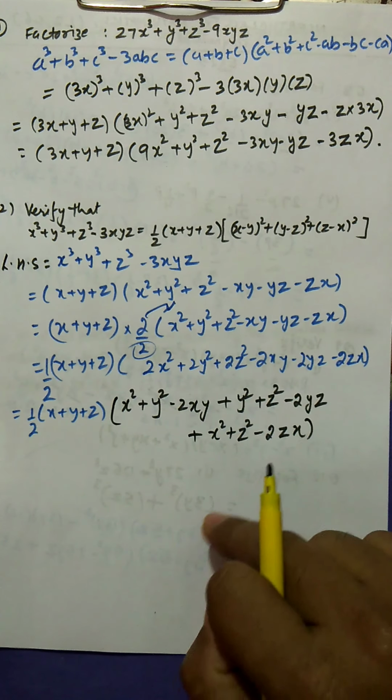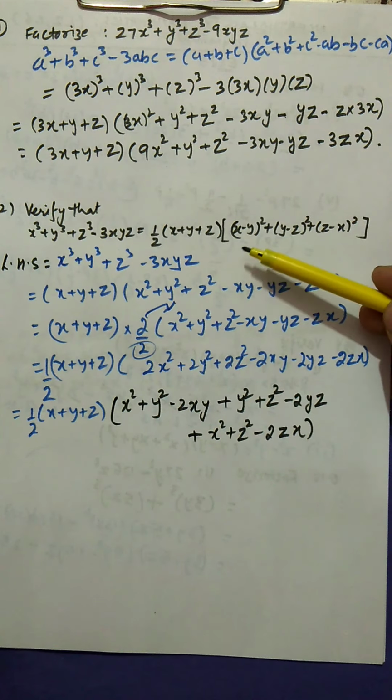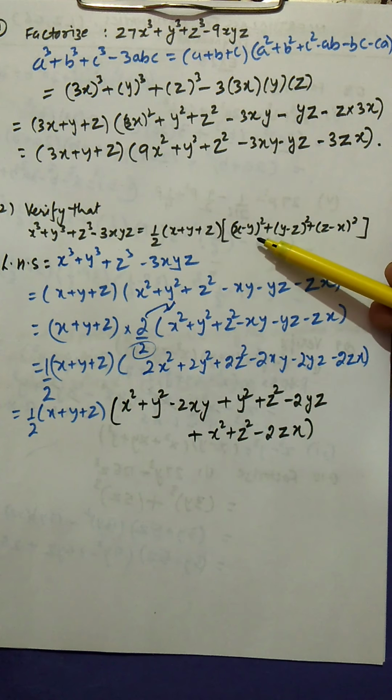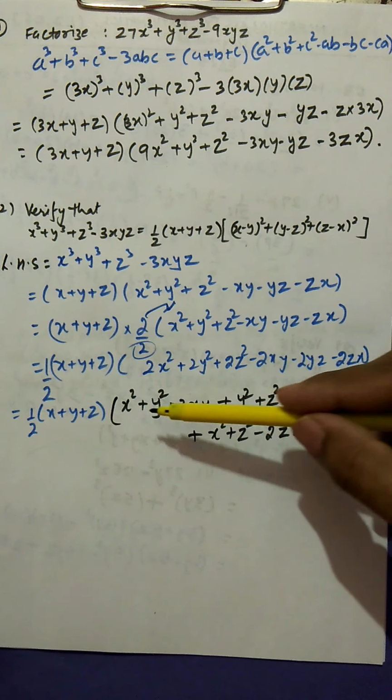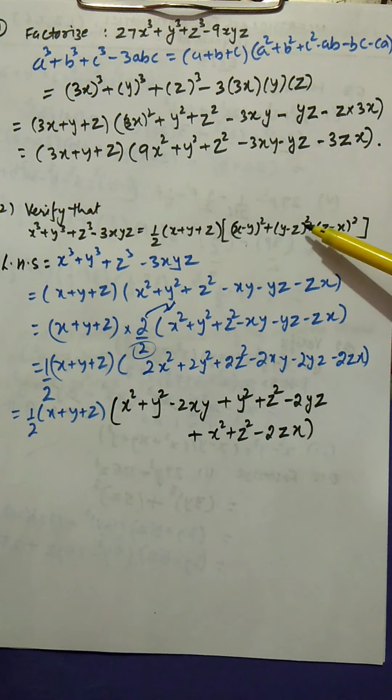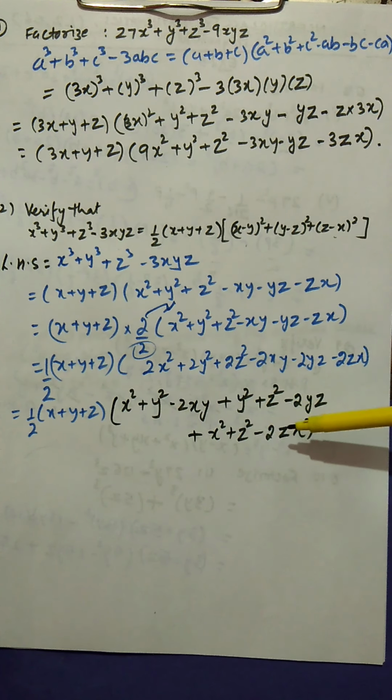And why I'm doing all this should be clear to you from what you have to get in RHS, because this is x minus y whole square. x minus y whole square can be obtained after getting this, y minus z whole square can be obtained after getting this, and z minus x whole square can be obtained after getting this.